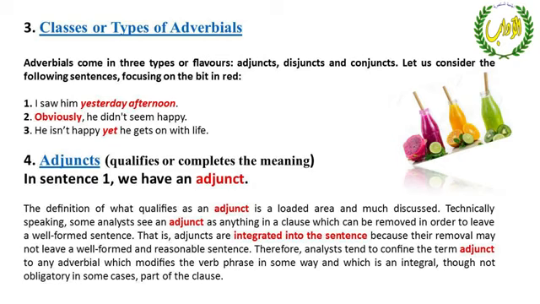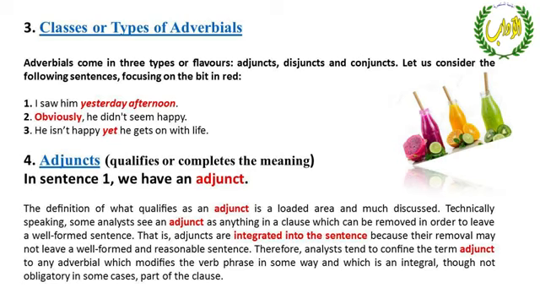As shown in point number 4, adjuncts qualify or complete the meaning. In sentence 1, we have an adjunct. The definition of what qualifies as an adjunct is a loaded area and much discussed. Technically speaking, some analysts see an adjunct as anything in a clause which can be removed in order to leave a well-formed sentence.